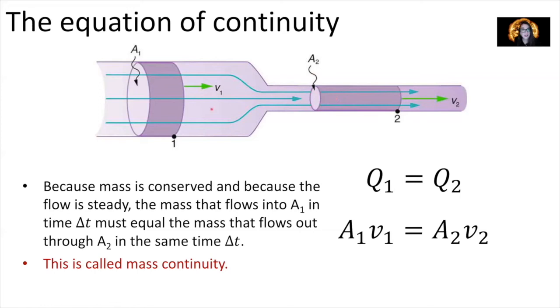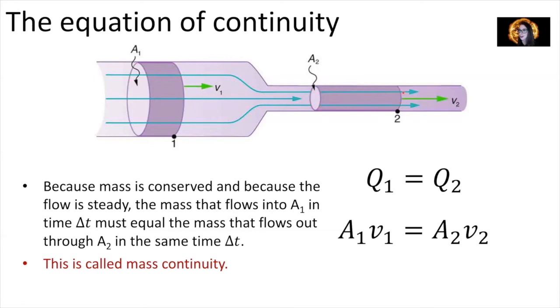Okay, so that's saying that the mass of my fluid that's moving through this cross-sectional area in some unit time needs to equal the same mass of the fluid that's moving through this cross-sectional area per unit time.